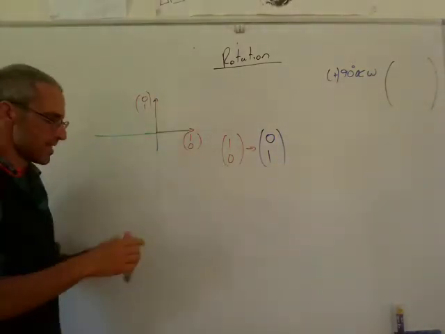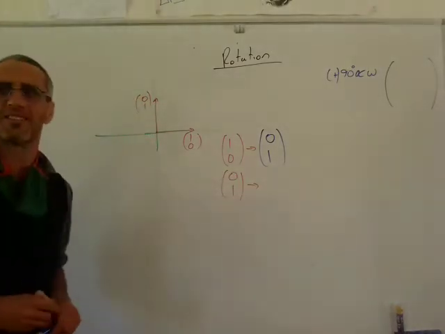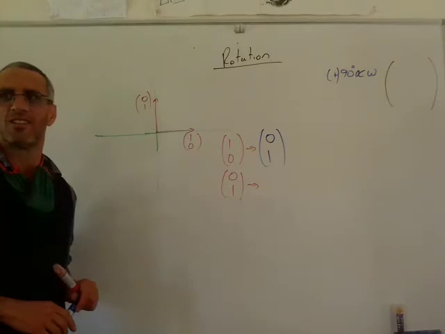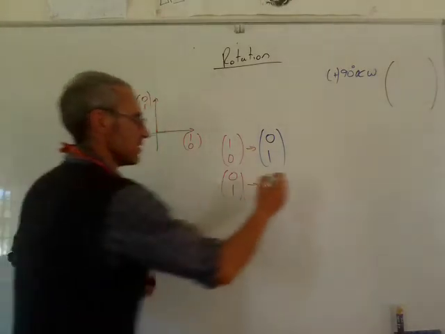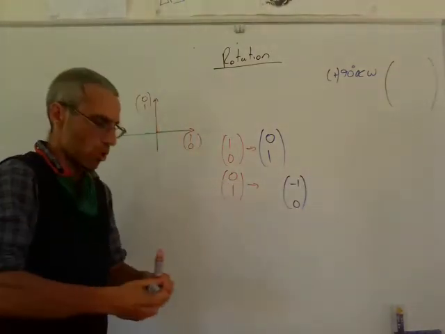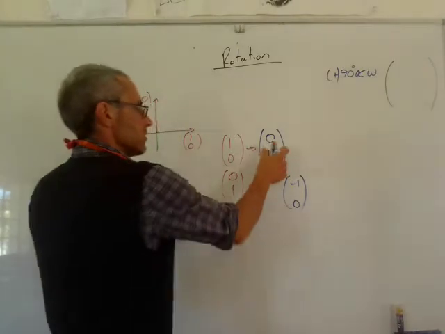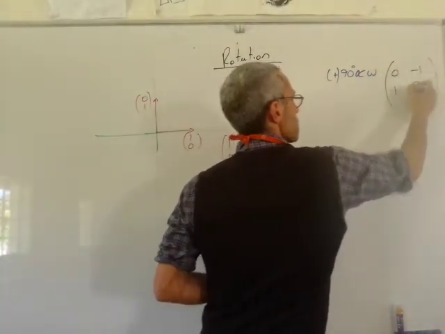And then the (0, 1) will become, see if you can figure out. Good. Negative 1, 0. So negative 1, 0. Then all we've got to do is write this column first: 0, 1, minus 1, 0.